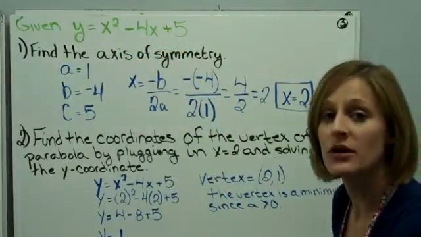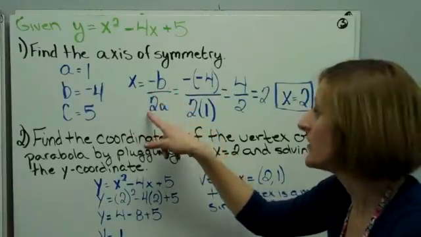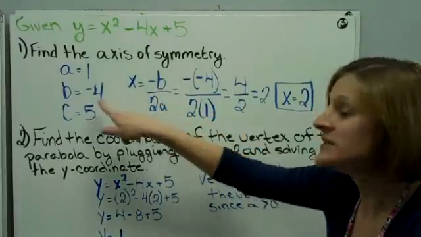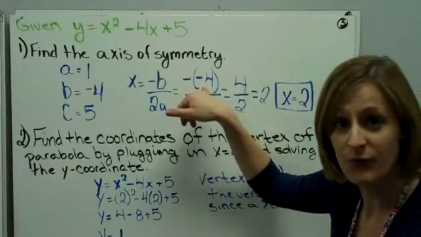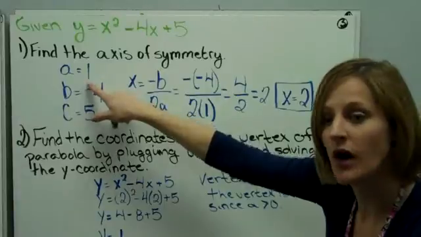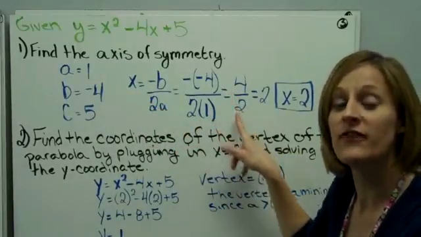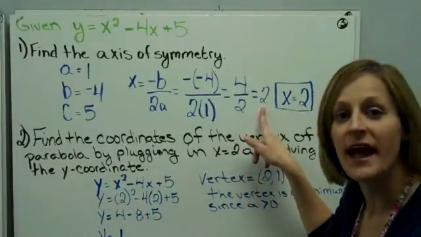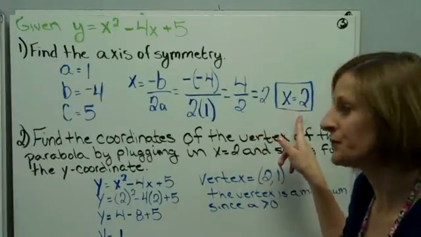Now if we take our equation, x equals the opposite of b divided by 2 times the a value, your b is negative 4. So the opposite of negative 4 is 4. Then you do 2 times your a, which was 1, so 2 times 1 is 2. Now you do 4 divided by 2 to simplify, and you get 2. So my axis of symmetry's equation is going to be x equals 2.